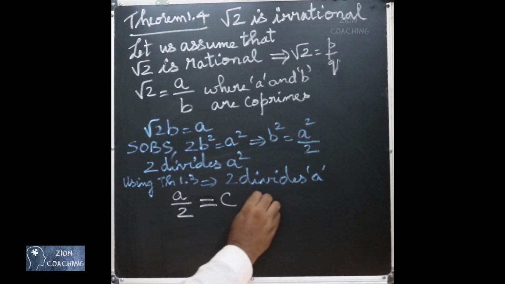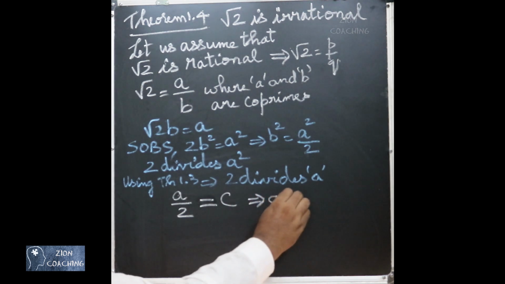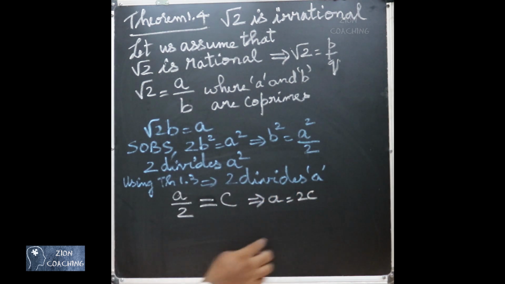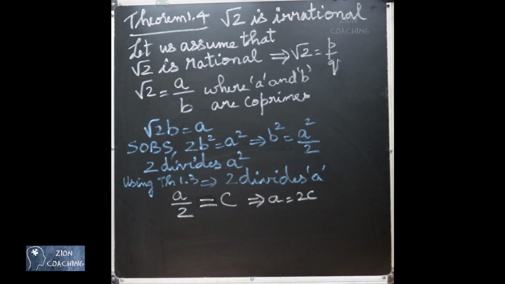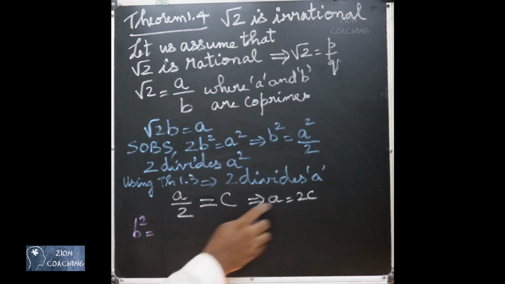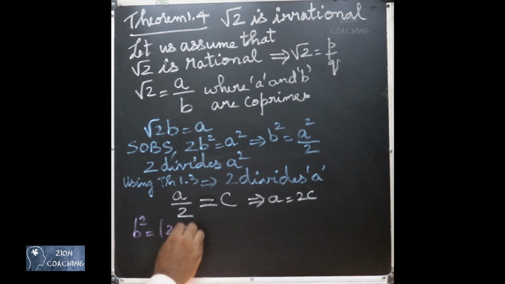That implies a is going to be 2c. Now we are going to substitute this a equal to 2c in this step, where we have b squared is equal to a squared divided by 2. Instead of a squared we substitute (2c) the whole squared divided by 2.